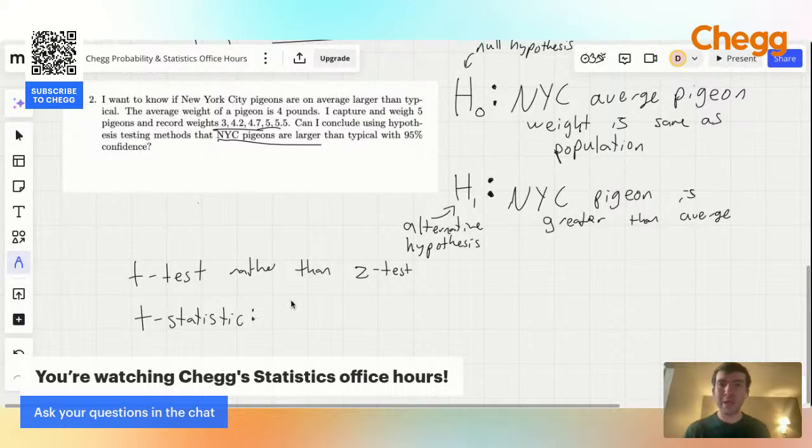The t statistic that we're going to use is the following. It's the sample mean minus the population mean, so minus 4, divided by the sample standard deviation, and then we multiply by the square root of 5.